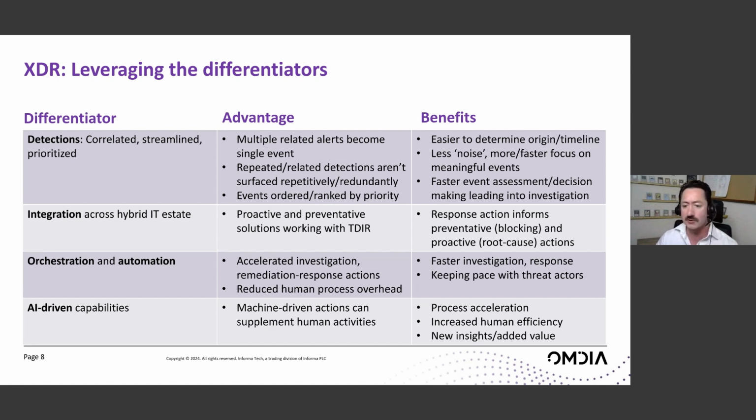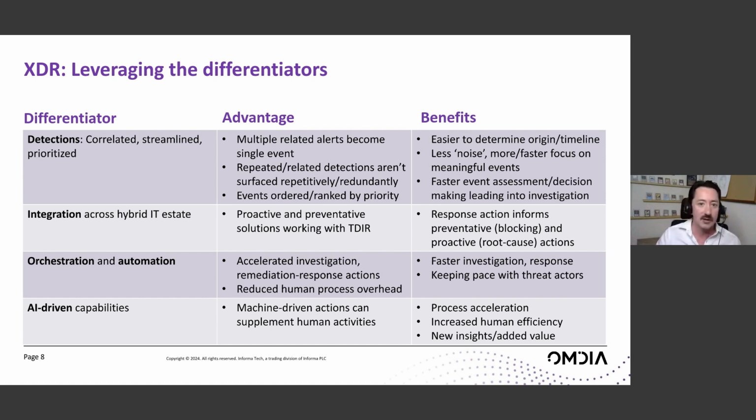Orchestration and automation. With XDR, we see two different types of orchestration: pre-response and post-response orchestration. We've had the post, the response-centric orchestration, in the form of SOAR for quite some time.